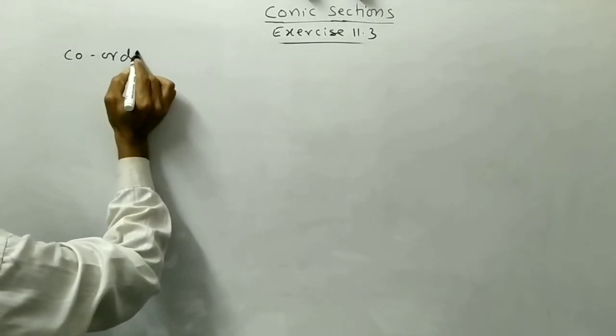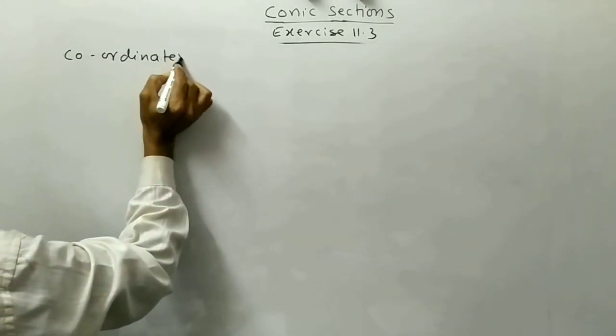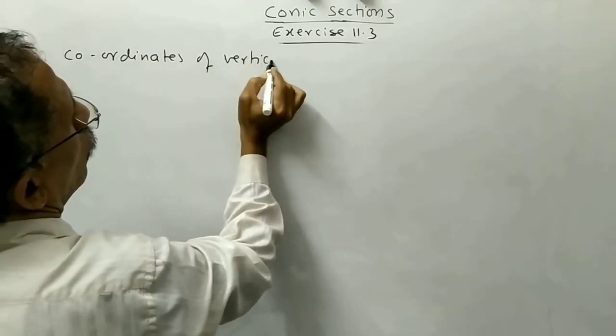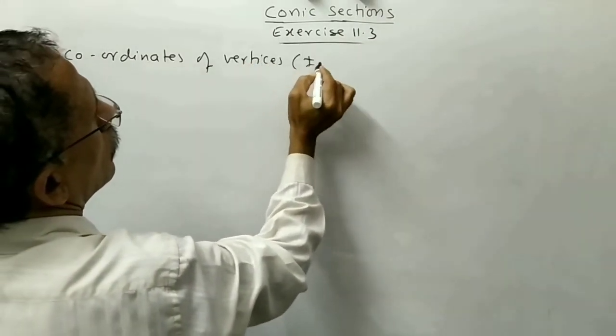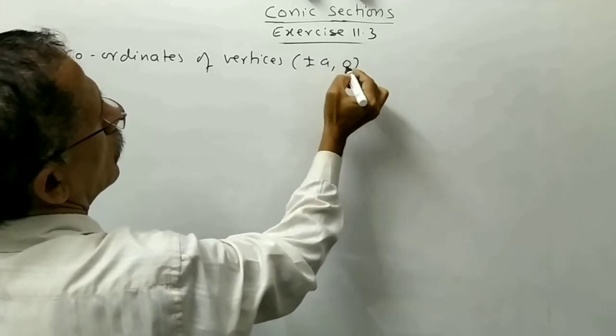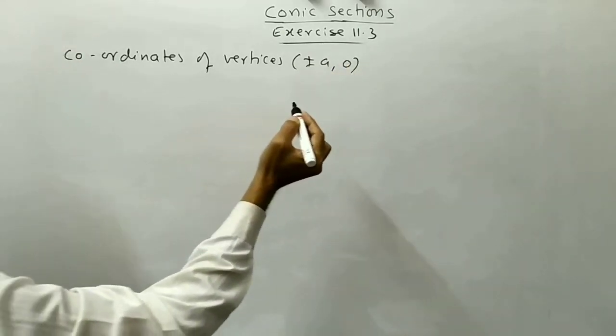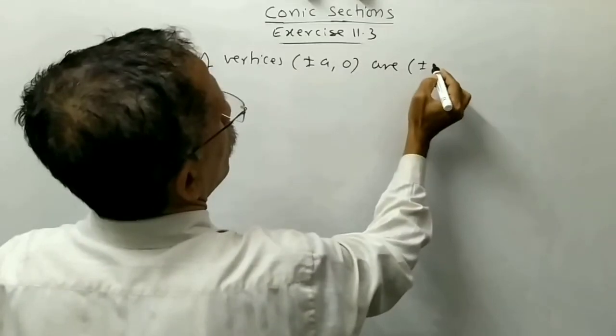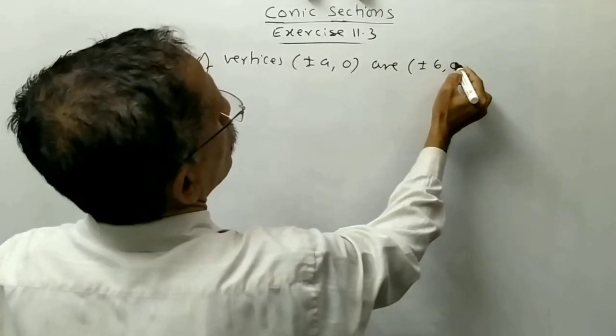Coordinates of vertices plus or minus a comma 0 or plus or minus 6 comma 0.